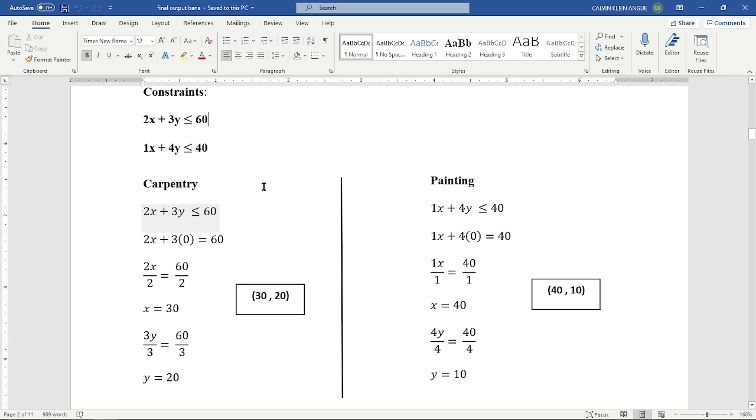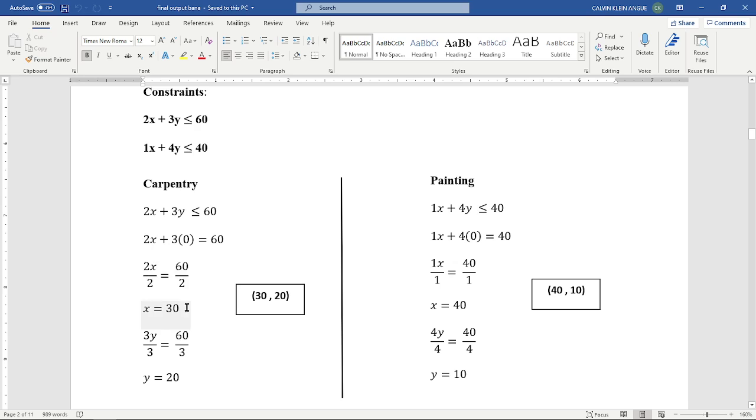So how do you solve for each point for the carpentry? You just need to change the variable y into 0. So 3 times 0 equals 0. Then 2x equals 60. 2 divided by 2 equals 1, and 60 divided by 2 equals 30.